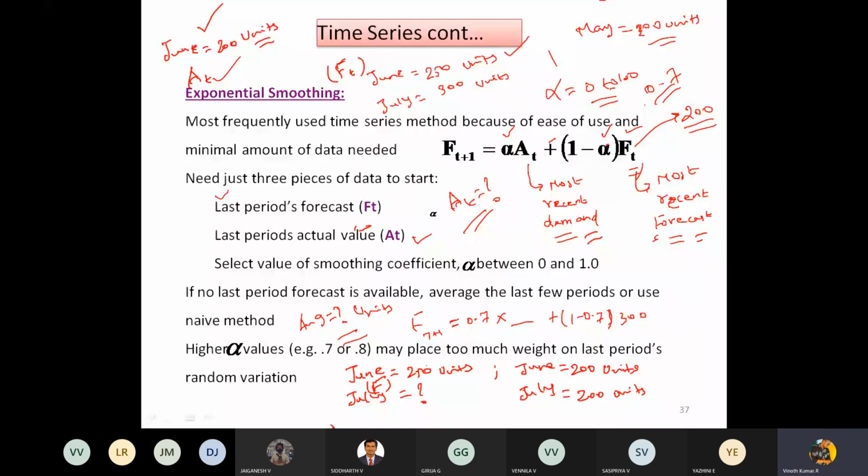This June 200 units is my most recent demand, which is the capital A value. This 200 units is my expectation, right?